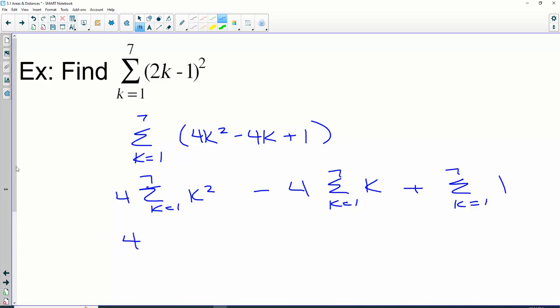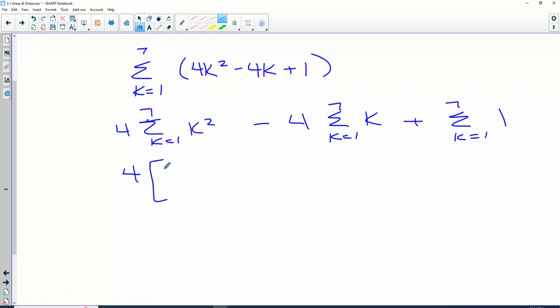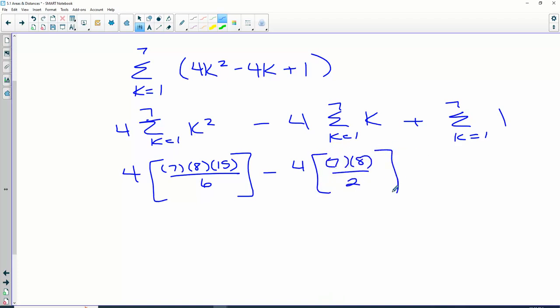So 4 times, k squared is n times n plus 1 times 2n plus 1 over 6. k is n times n plus 1 over 2.